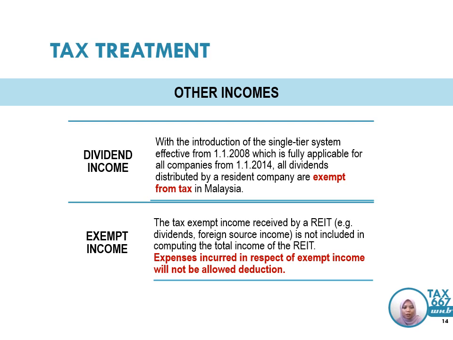Next type of income, REITs dapat income yang specifically exempt. Contoh dia macam dia dapat interest daripada luar negara, foreign source income. So, foreign source income dikira sebagai exempt income, therefore exempted lah dalam pengiraan dia kan.